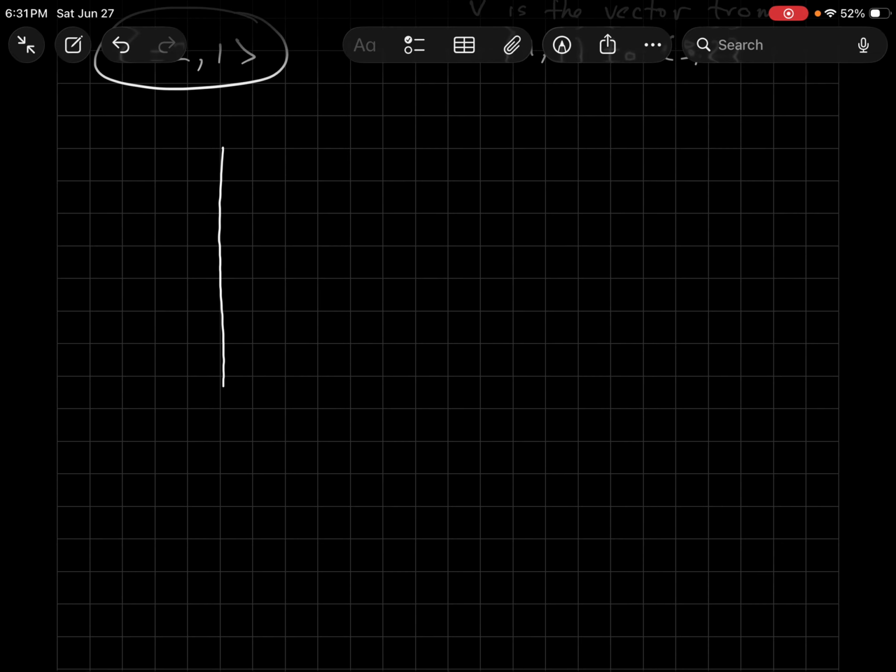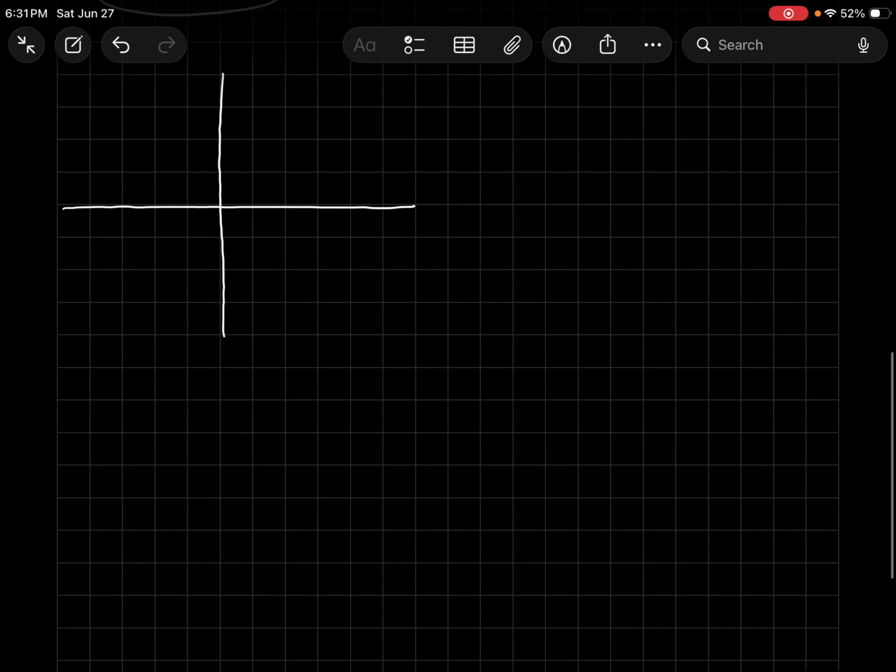Let's get another coordinate system going up here. Draw some axes. And then let me redraw the vector 2, 4. So 2 on the x-axis, and then 4 on the y-axis. So 1, 2, 3, 4.